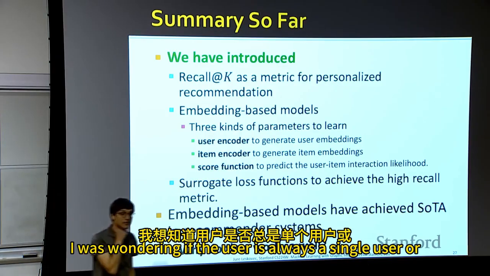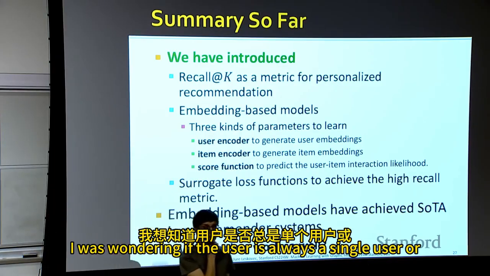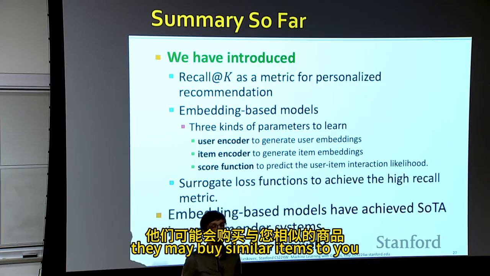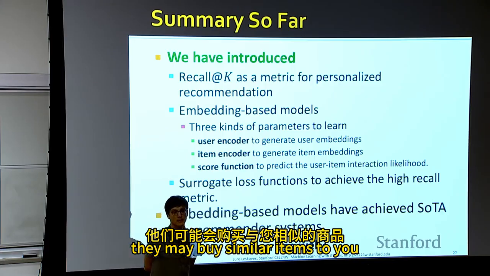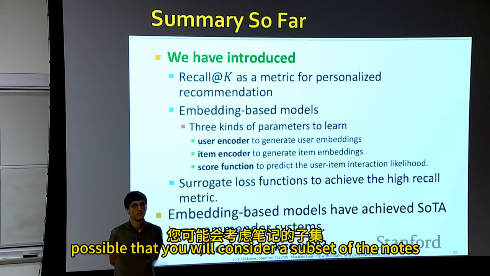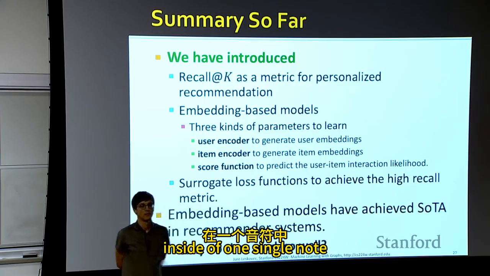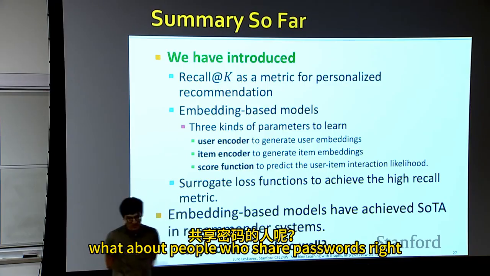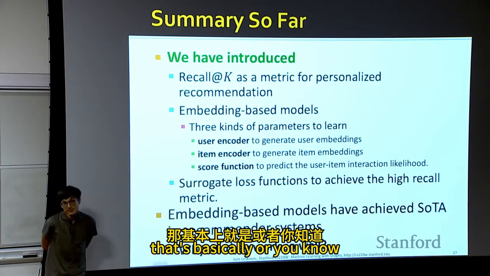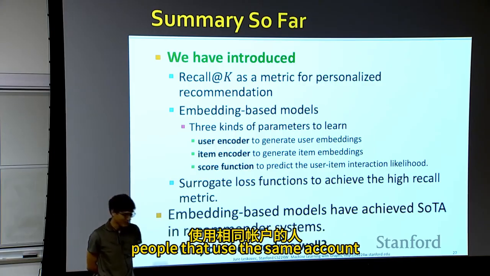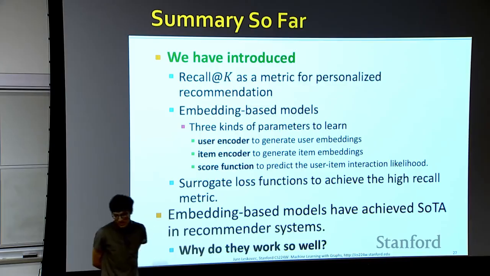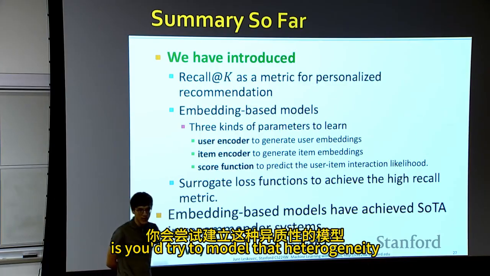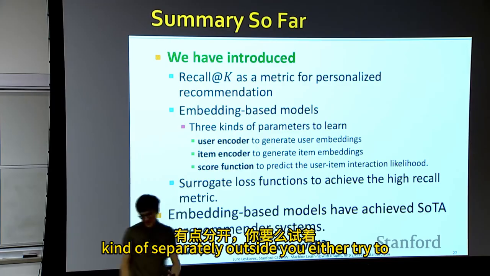Yes, go ahead. I was wondering, is the user always a single user? Let's say a few users living in the same household may buy similar items. Is it possible that you consider a subset of the nodes inside of one single node? Good question. So your question is about people who share passwords, people that use the same account, either Amazon or Netflix and so on. The way you would do this is to model that heterogeneity separately.